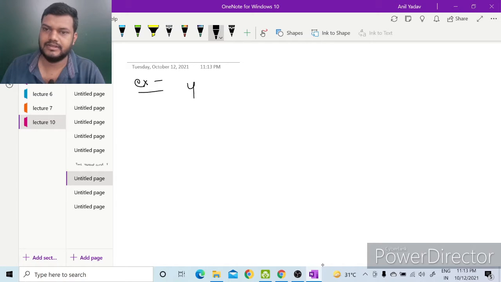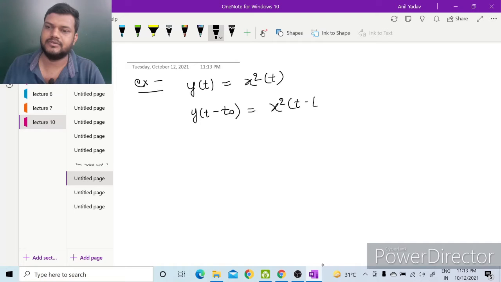Let us take y(t) is x square of t. First of all, delay this y(t) by t naught: y(t minus t naught), which is x square of t minus t naught. Now let us check by giving the input as x(t minus t naught).